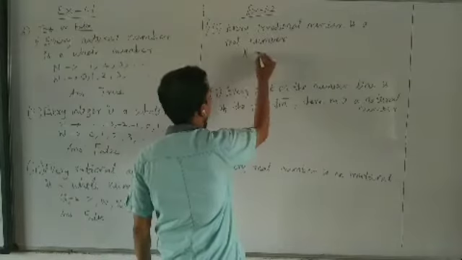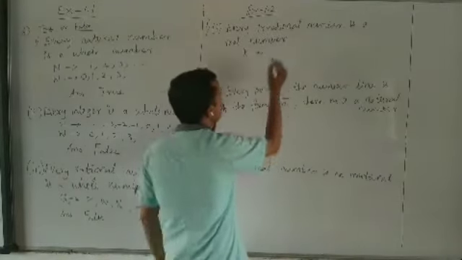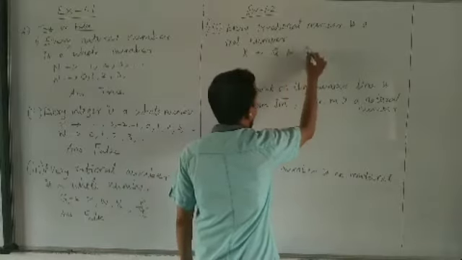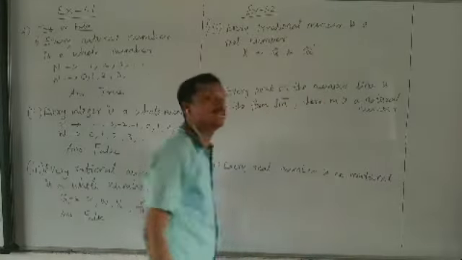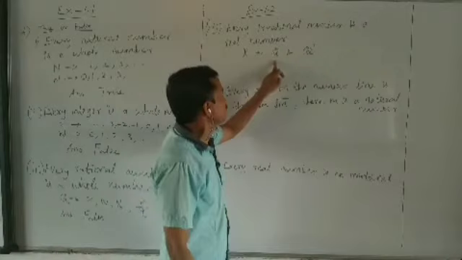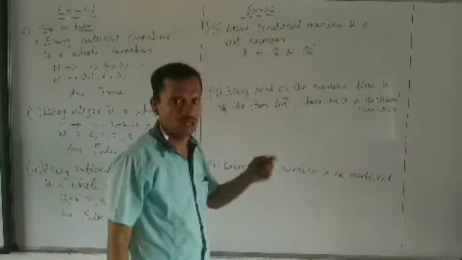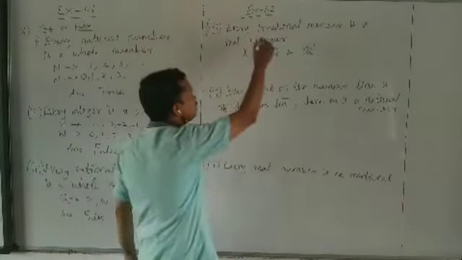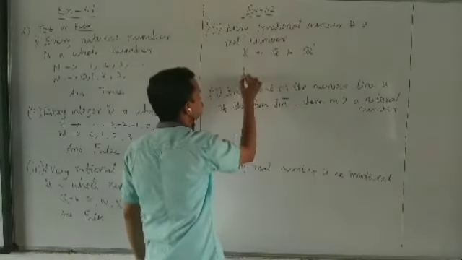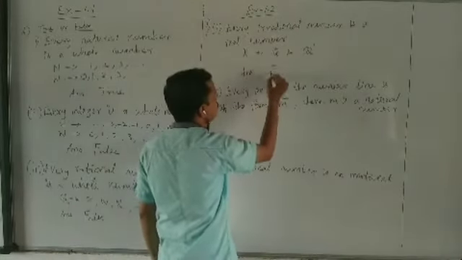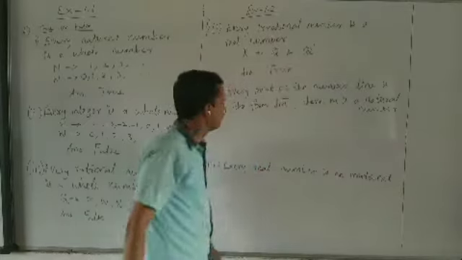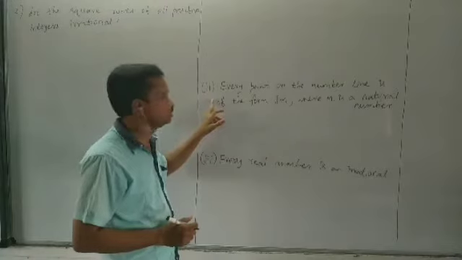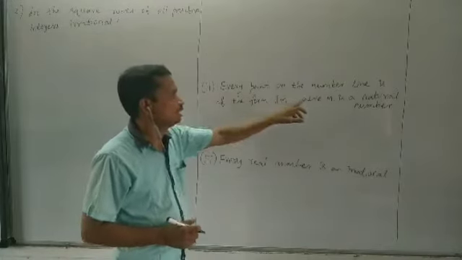Real number, capital R stands for real number. That is the combination of Q, rational number, and Q dash, that is irrational number. These two, rational and irrational, combine to form real number. So here every irrational is a real number, correct? So answer is true.